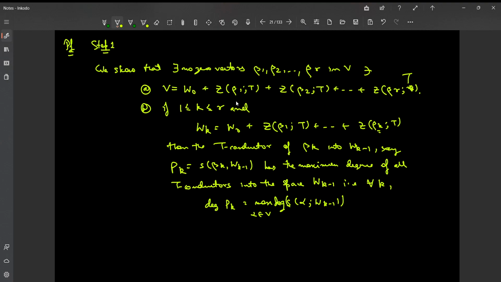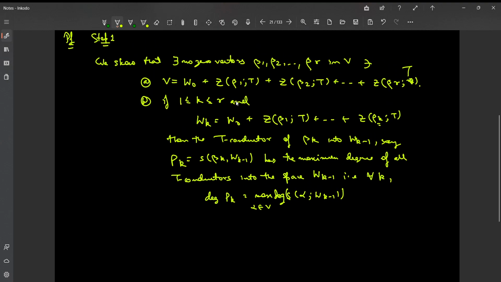Now, typically the proof only depends on the fact that W naught is T invariant. And W naught is clearly T invariant because W naught is T admissible. Okay.